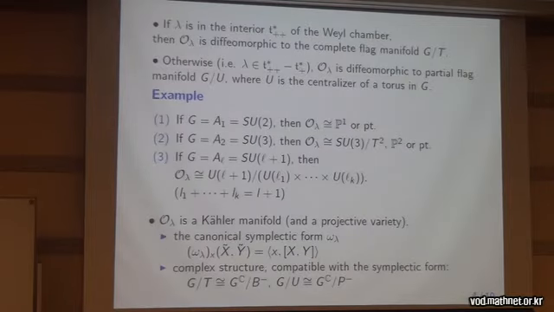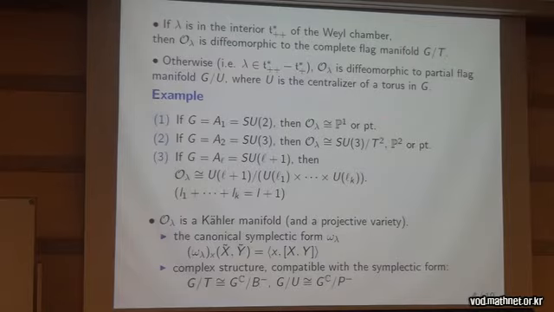Now, if lambda is in the interior t*_++ of the Weyl chamber, then our coadjoint orbit O_lambda is diffeomorphic to the complete flag manifold G/T. Otherwise, O_lambda is diffeomorphic to a partial flag manifold G/U, where U is the centralizer of a torus in G. For example, if G is A1, that is SU2, then coadjoint orbits are P^1 or just one point.